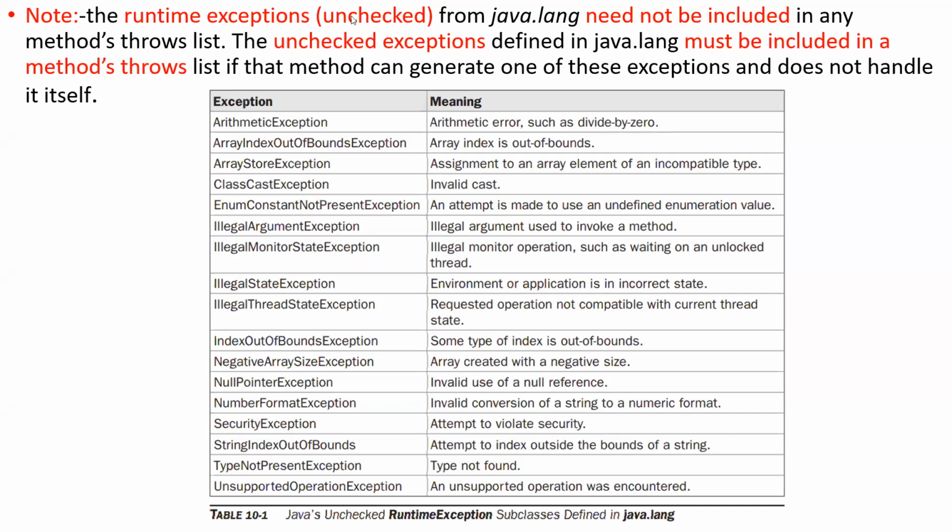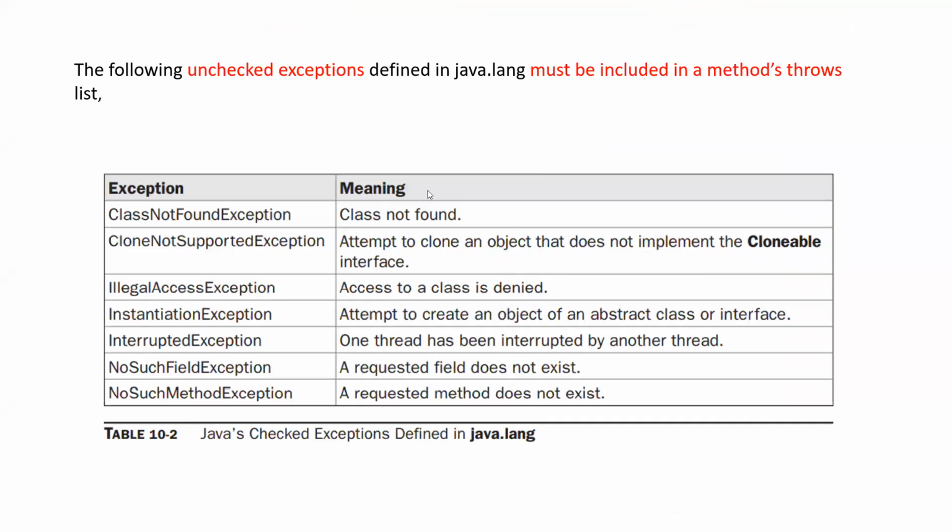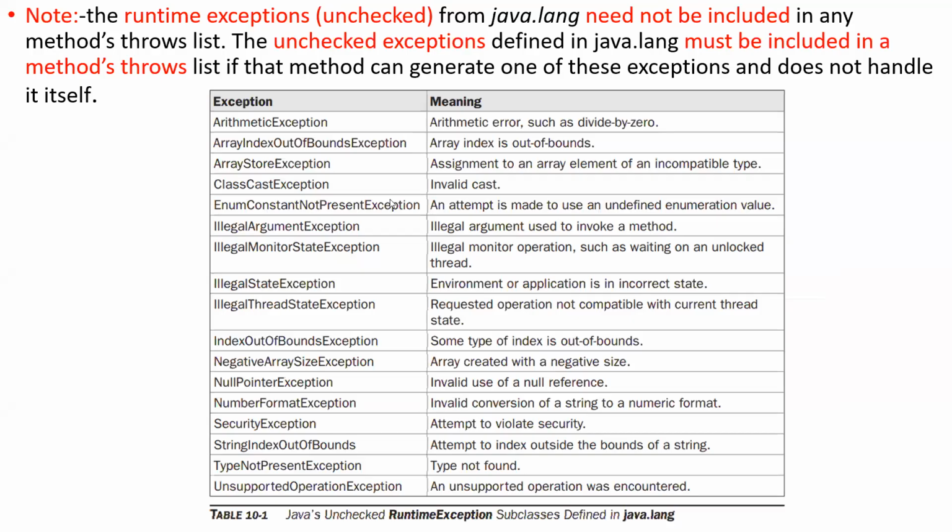If at all the exception is a checked exception from the Lang package, those must be specified in that declaration part. అవి మాత్రం చెప్పాలి. What are those unchecked exceptions అంటే, this second table. So the first table is, these are the unchecked exceptions. No need to declare.